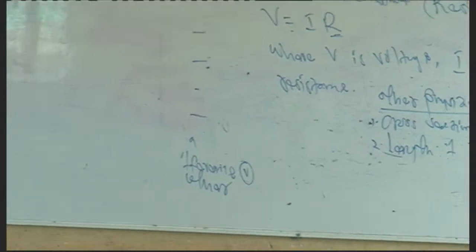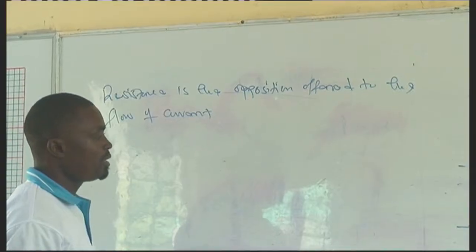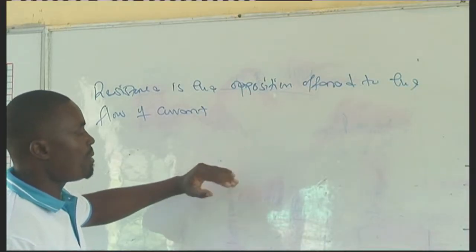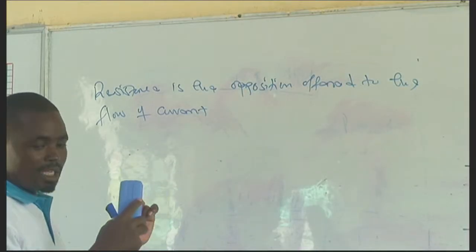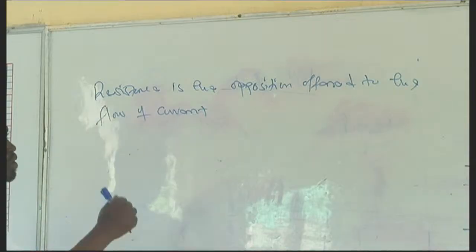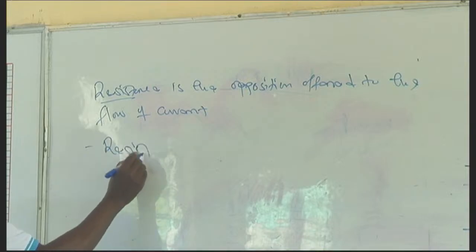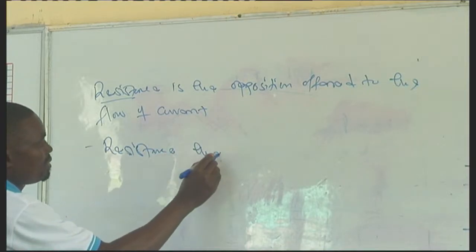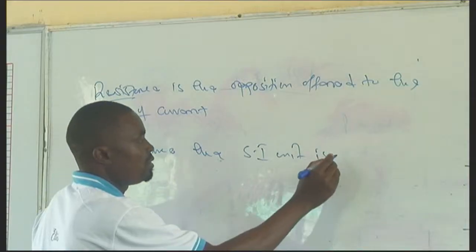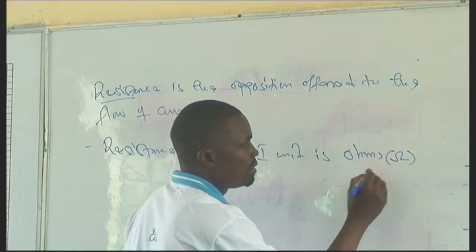So as current flows in the circuit, it sometimes faces some opposition, whereby when it faces that opposition, the value may reduce. So instead of a higher current flowing, a small current may be flowing. So this opposition offered to the flow of current is what we call resistance. The SI unit of resistance is ohms.